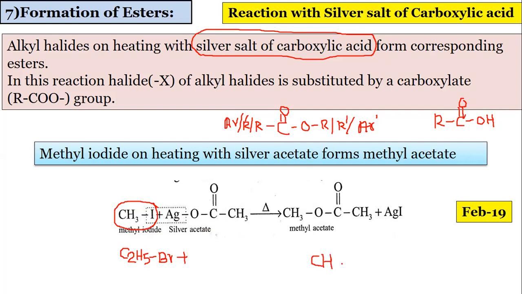CH3COOH, this is the acid, acetic acid, plus, suppose silver salt we have to prepare. One is acid and one is base. We have to use, suppose, AgOH, silver hydroxide. This is how it is prepared, by using moist Ag2O.